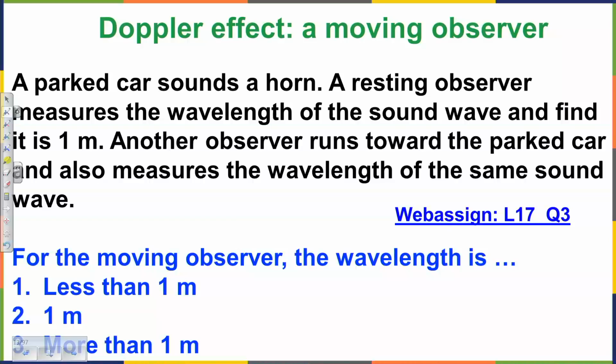So this guy has a meter stick and measures, very resourceful guy, that the distance between adjacent wavefronts is 1 meter. And this guy also has a meter stick, but he's not at rest, he's moving, and at the same time, looking down, measuring distance between wavefronts traveling in space. And what number would that guy be getting? That's what the question is about.